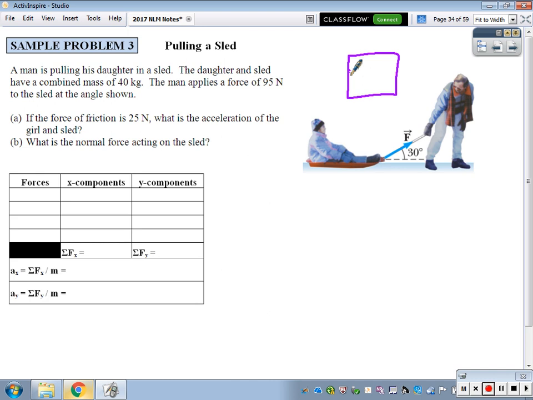All right, Melody, give us one force that you have in sample problem 3. We have the weight of our sled, which would be right here in the center, pointing straight down. Excellent. Megna, what's another one, please? Okay, we do have the normal force, which should start from the bottom surface and point upwards. Good. Elson, give us another one, please.